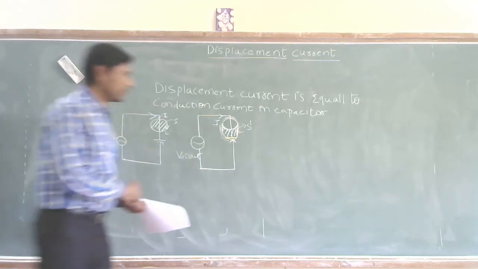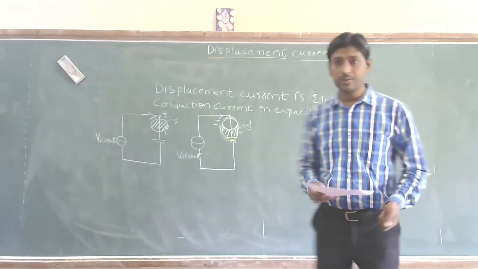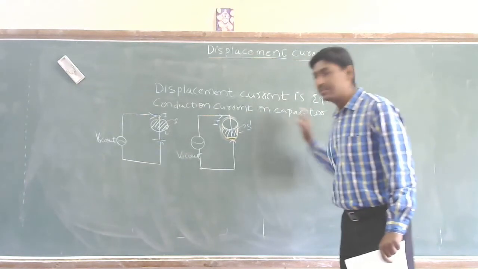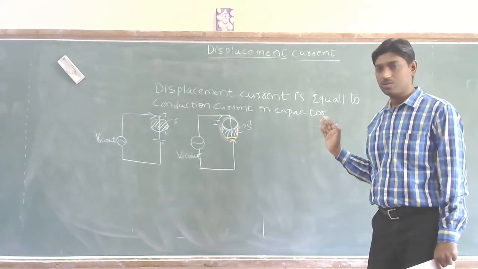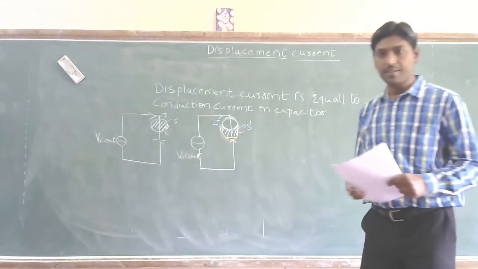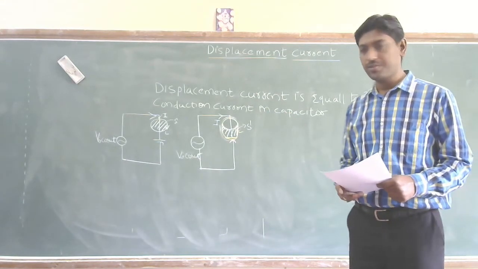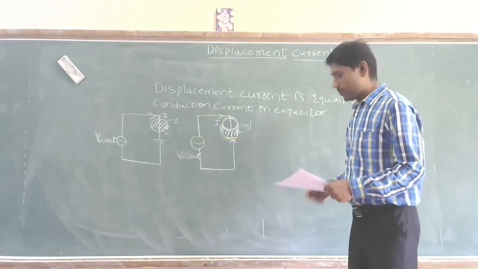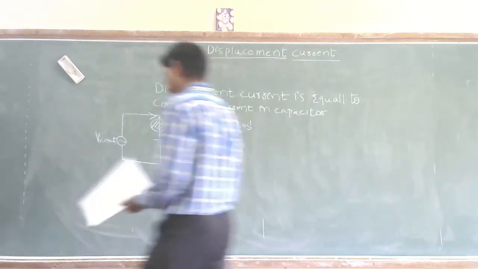So in this topic, I would like to show that the displacement current is equal to the conduction current in the capacitor. Here we'll appreciate the significance of the displacement current when we find its application. So let's begin with that.